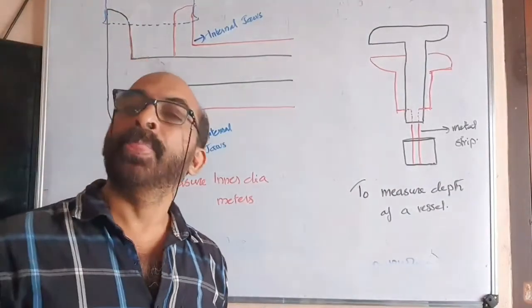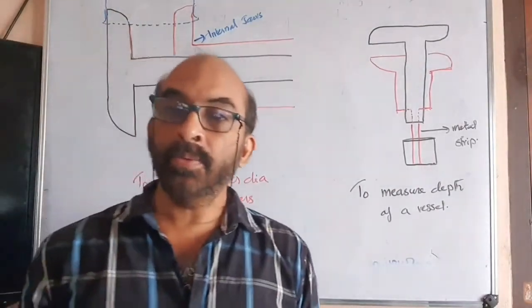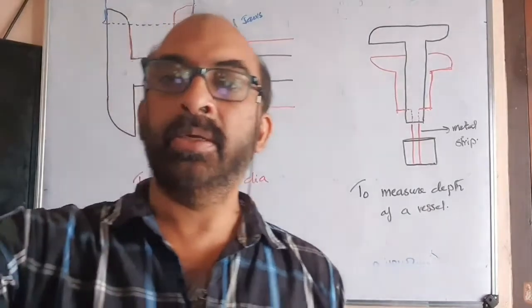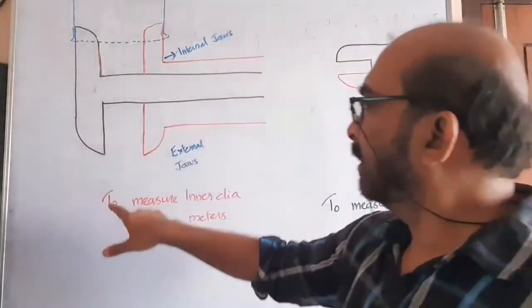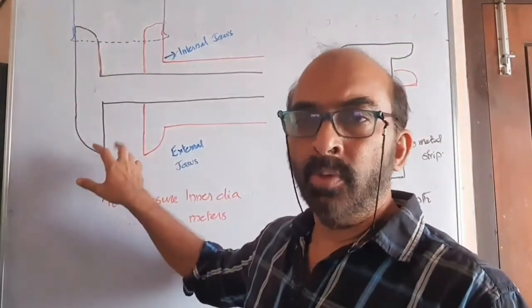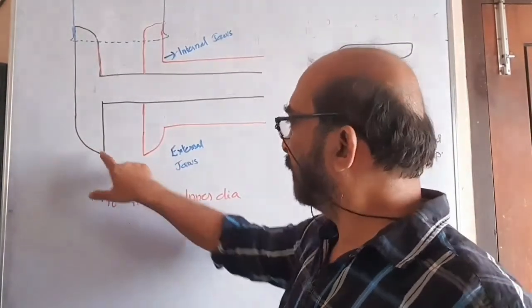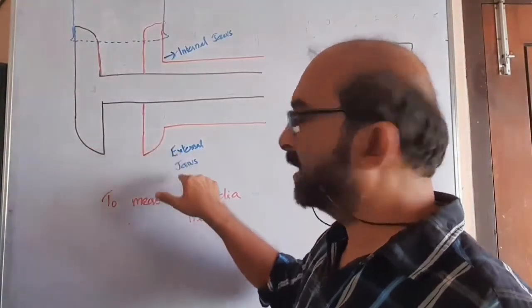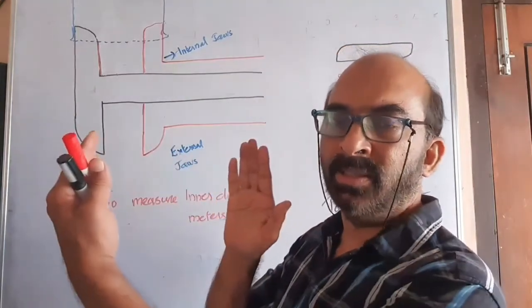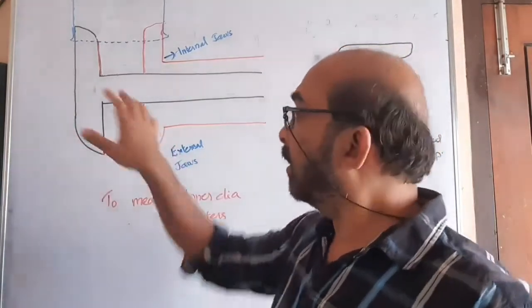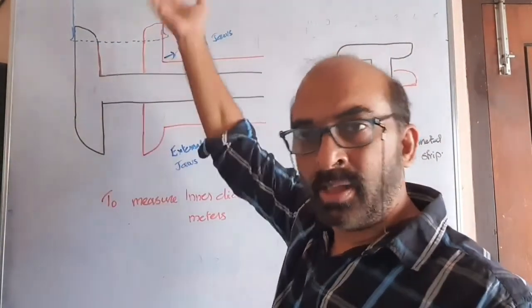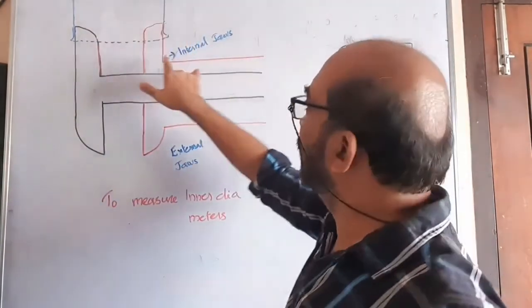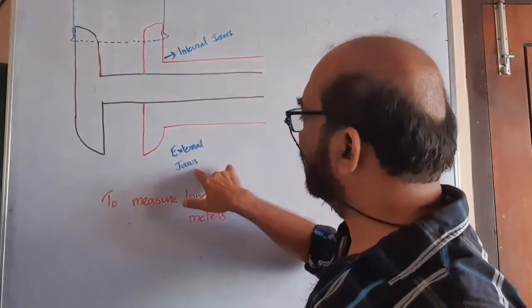Vernier calipers have two additional functions. Actually, it has two pairs of jaws. The one we have discussed is the external jaws, to measure length, etc. At the same time, it has another pair of jaws on the opposite side, which is called internal jaws.